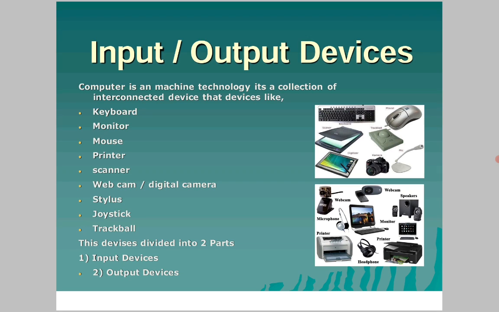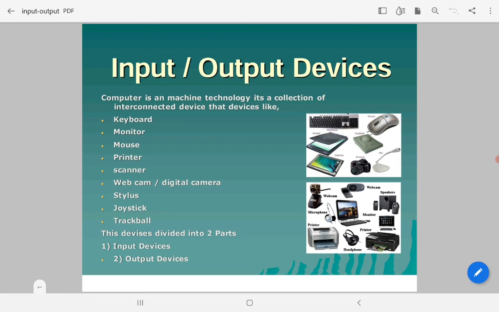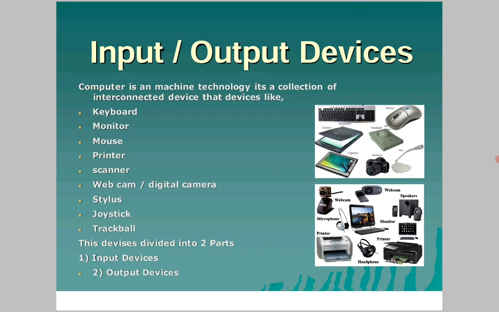So what are input devices? Input devices are mainly used to accept data or information from the users and send it to the processing unit or CPU by using some devices.